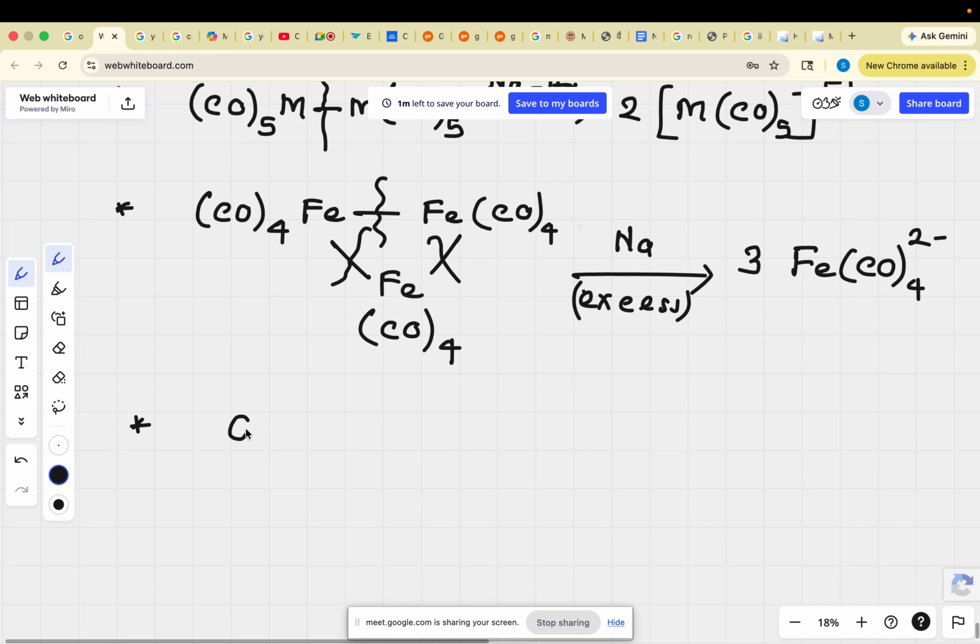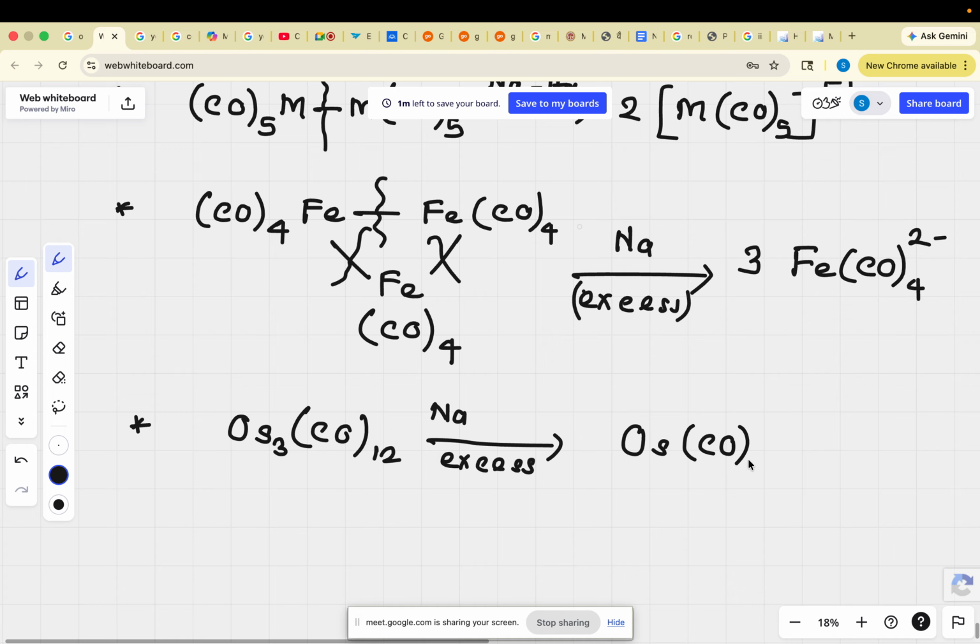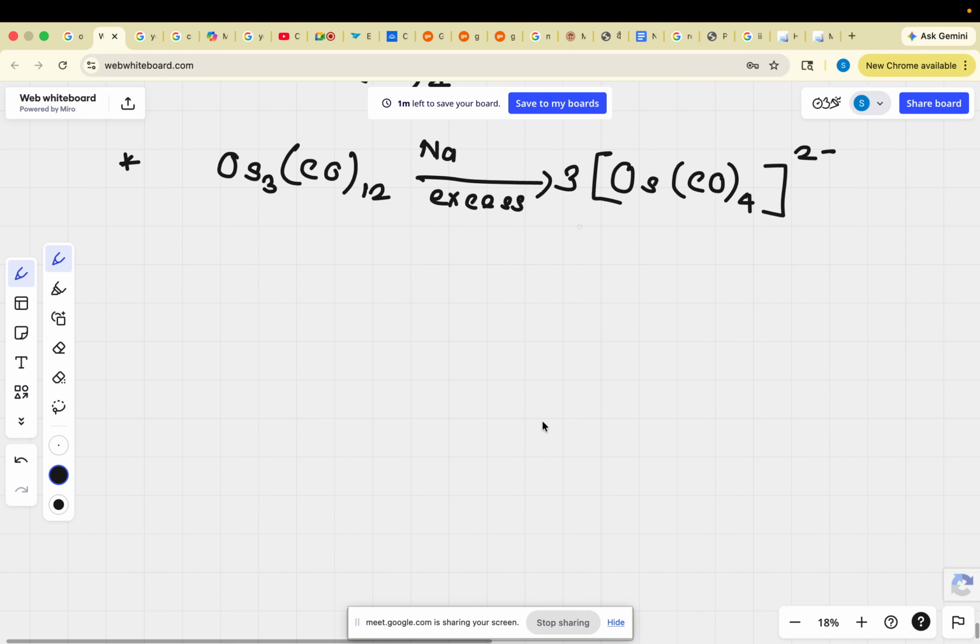Similarly, suppose you have Os3(CO)12, and I am doing the same thing, reacting with excess sodium. What will you get? You will get Os(CO)4 2 minus. How does the 2 minus come?